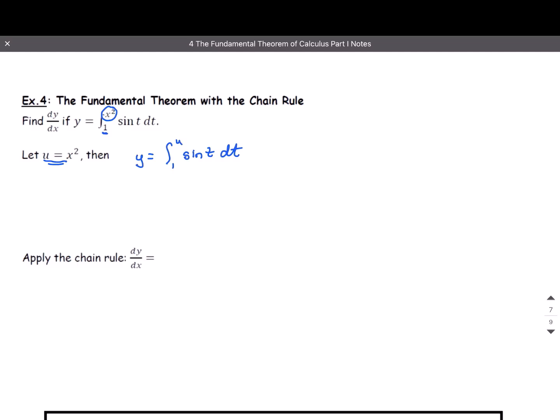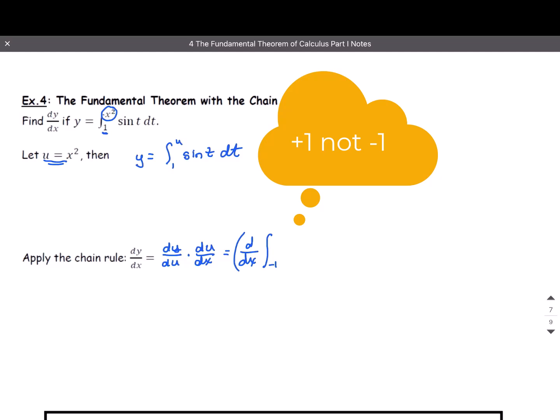Now, if we use the chain rule, the derivative of y with respect to x would be the derivative of y with respect to u times the derivative of u with respect to x, which would be the derivative with respect to u of the integral from 1 to u of sine t dt times du/dx.